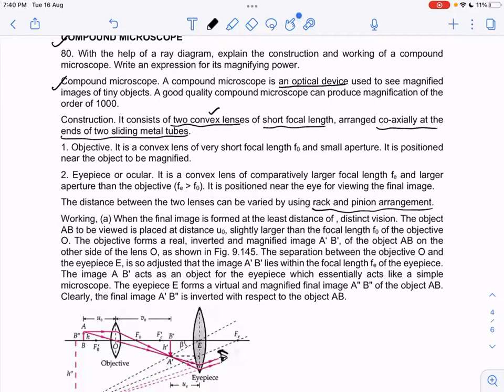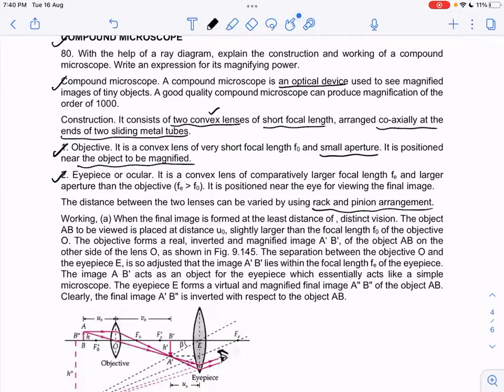Out of the two convex lenses, one is called the objective. Objective is the convex lens of very short focal length and small aperture. It is positioned near the object that is to be magnified. Since it is placed closer to the object, it is called the objective.